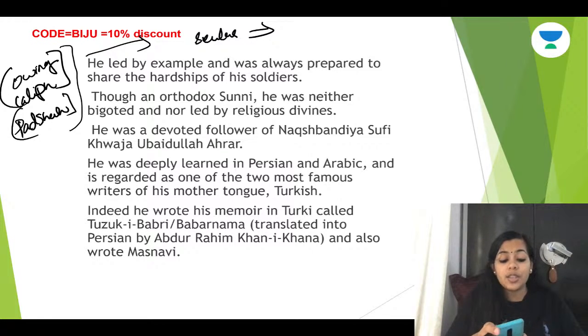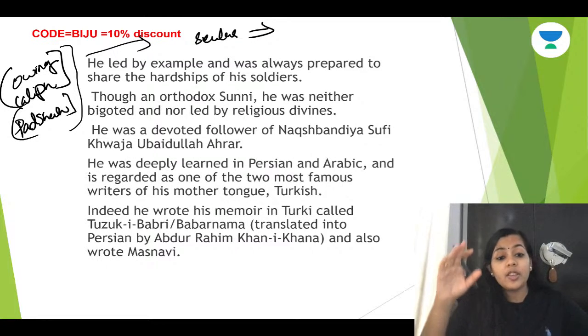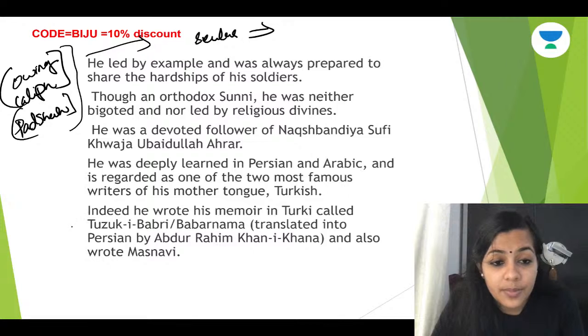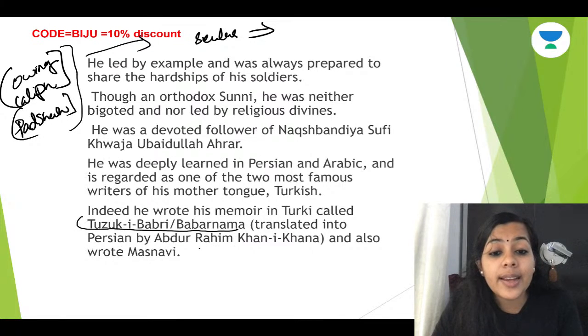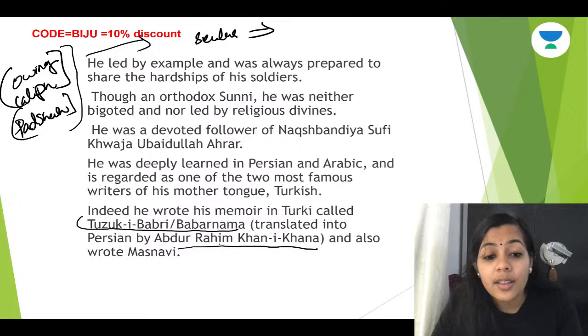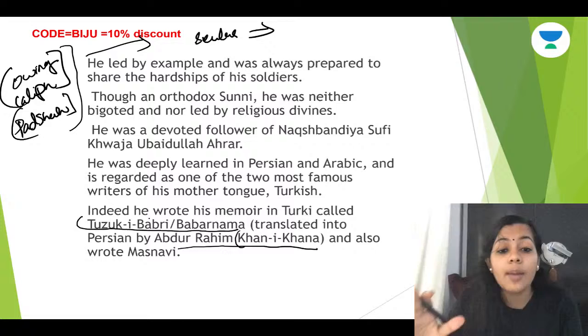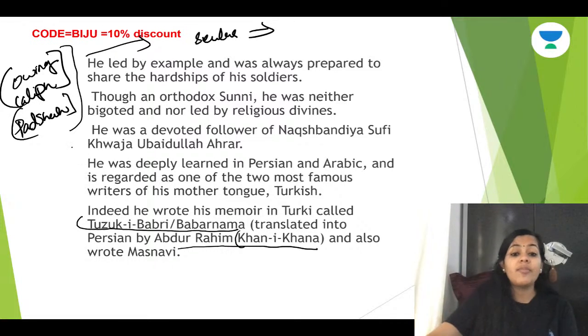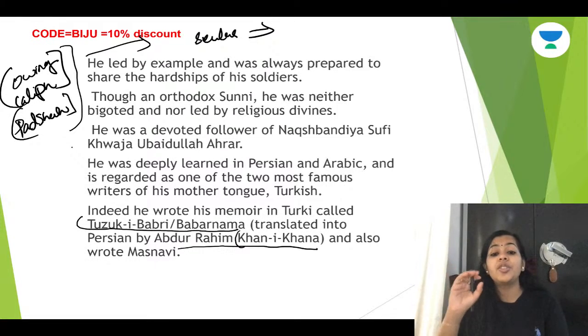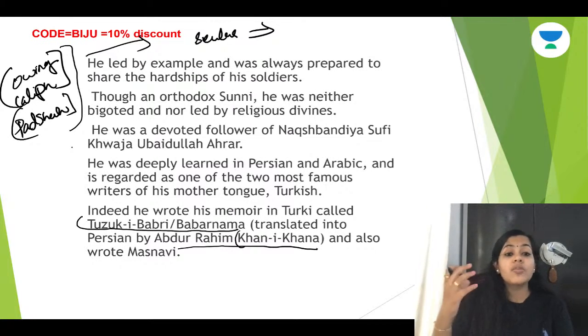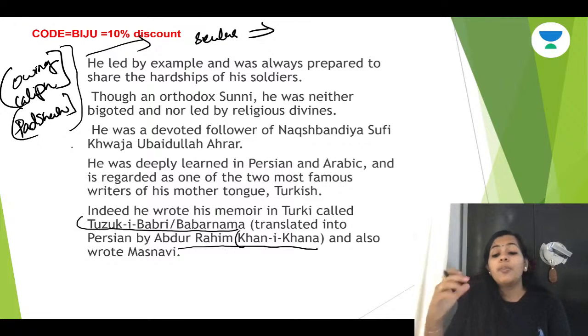He was a man of knowledge, a learned prince. His memoir, Tuzuk-i-Baburi or Baburnama, was translated into Persian by Abdul Rahim Khan-i-Khana. Baburnama is the Turkish name, whereas Khan-i-Khana is the Persian name. And he also wrote one work known as Masnavi. These are the important works when you come across Babur.